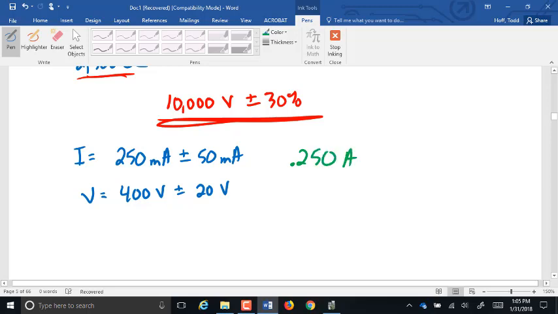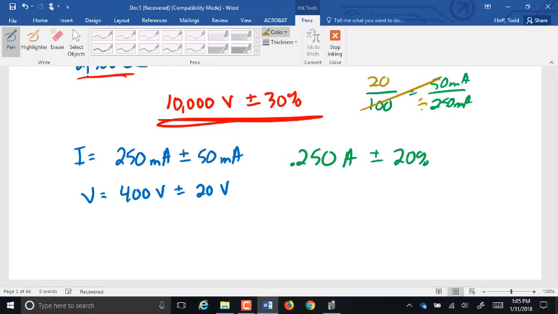I'm going to change that to 50 is what percent of 250? 20%. Any questions on where I came up with that 20%? It's blank over 100 equals 50 milliamps over 250 milliamps. Cross multiply and divide.